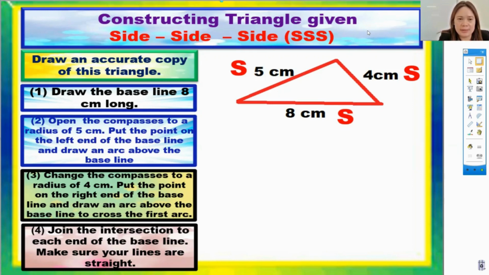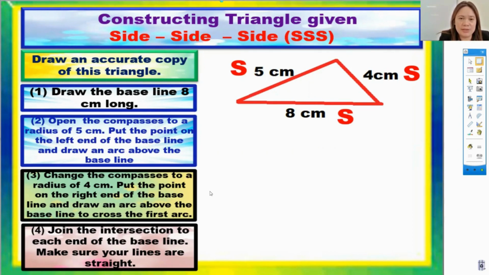So you are asked to draw an accurate copy of this triangle. Here is one side, 8 centimeter, another side, which is 5 centimeter long, and we have 4 centimeter long on the third side. So again, the steps are written here on the left side to follow.